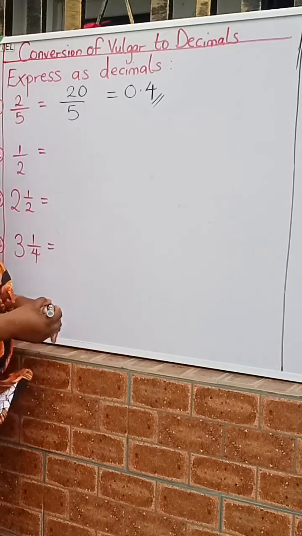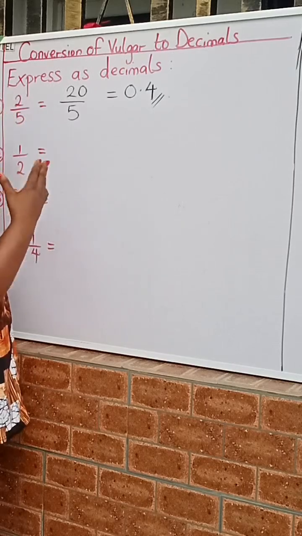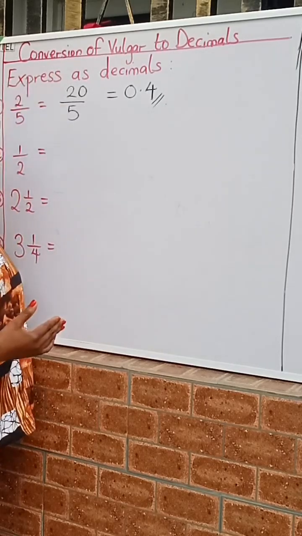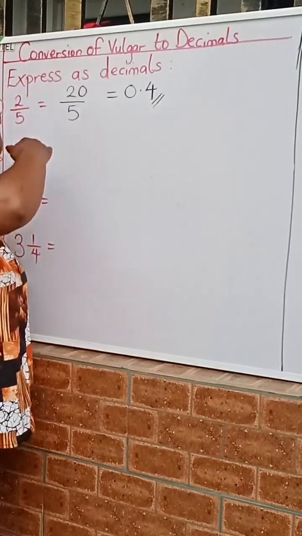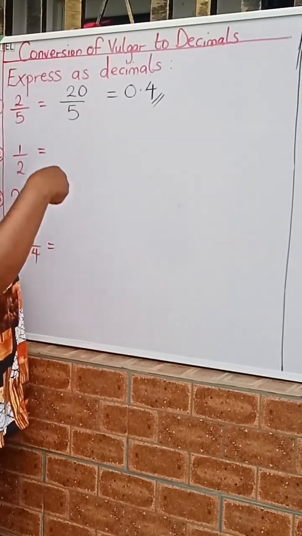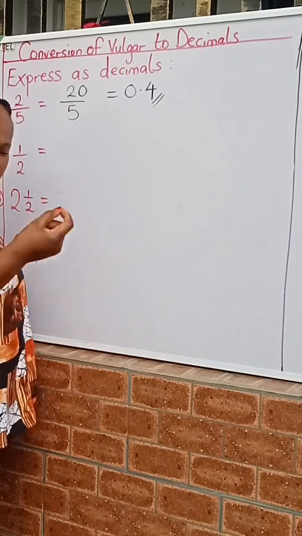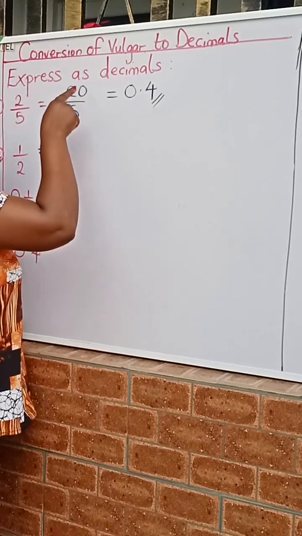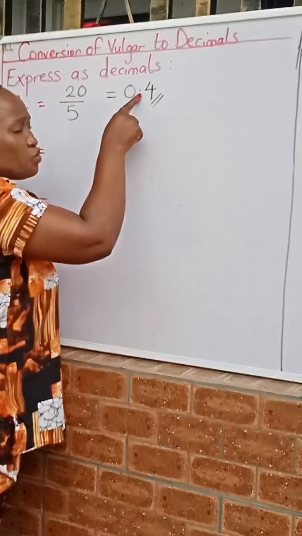Let me take it again. I said a situation whereby you have a proper fraction. A proper fraction is a fraction where the numerator is smaller than the denominator. You find out that the denominator cannot divide the numerator outrightly. So you have to introduce a 0 to that numerator so that you can be able to divide. Before you put your 0 here, so that this numerator will be bigger than the denominator, you need to bring out a 0 and put your point.